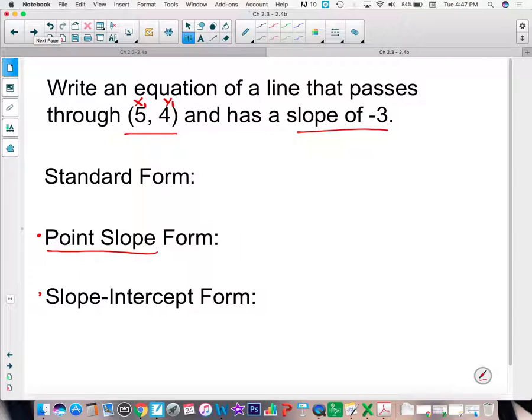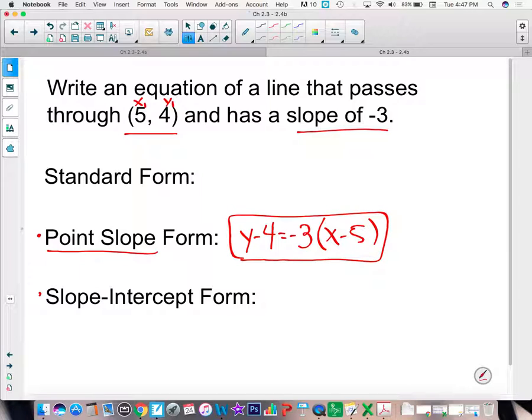So I have y minus y1, which is 4, equals m, which is -3, times x minus x1. So that would be good for point-slope form.